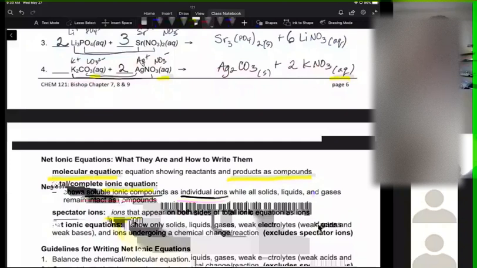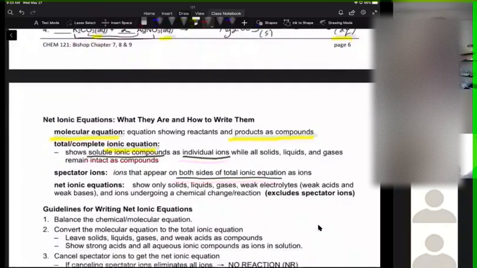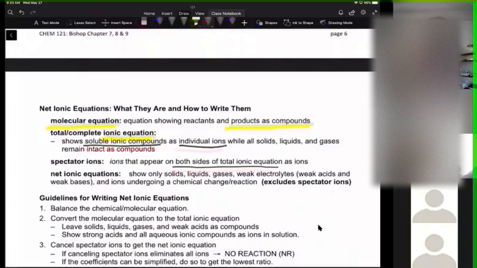Then we're going to cancel out anything that appears on both sides of the equation exactly the same way, just like we would in algebra. That will leave us the net ionic equation, and that shows the driving force for the reaction, the thing that pulls it forward to products.